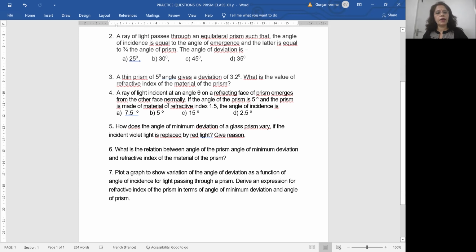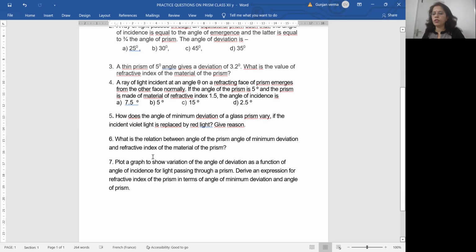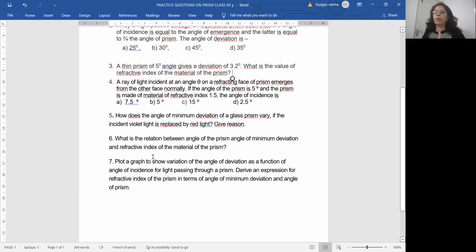Fourth, a ray of light incident at an angle theta on a refracting face of a prism emerges from the other face normally, meaning perpendicularly. If the angle of prism is 5 degree and the prism is made of material of refractive index 1.5, what is the angle of incidence? Now in your term 2, of course, subjective type questions will come, but you have to practice for your concept to be clear.